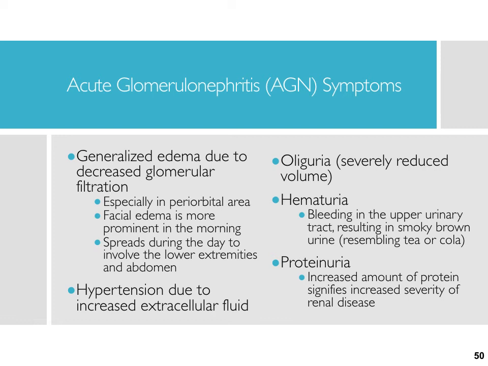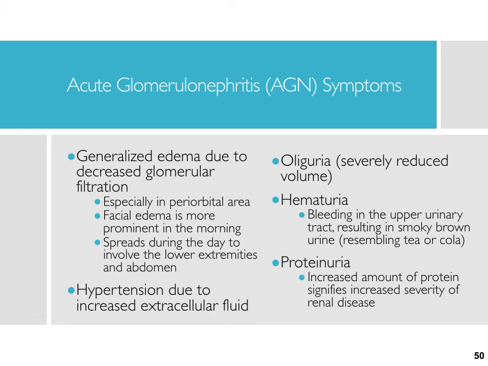They also tend to have hypertension, and that's due to increased extracellular fluid, and they get oliguria, so they have less urine output and severely reduced volume. They have hematuria, so there's bleeding in the upper urinary tract, and it results in smoky brown urine that resembles the color of tea or of cola.